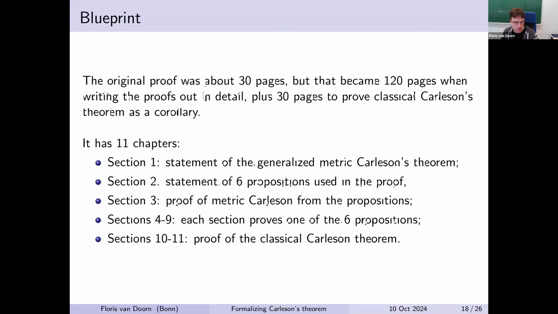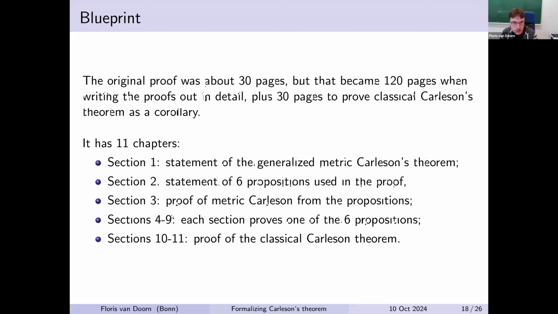The blueprint has 11 chapters, in which first the main theorems are stated and carefully defined, and then it's split up into 6 propositions that are intermediate steps. Chapter 3 proves Carleson's theorem from these 6 propositions, and then each of the next chapters proves one of these propositions, and those are parallelized. So the blueprint has also given a very nice structure to this proof.